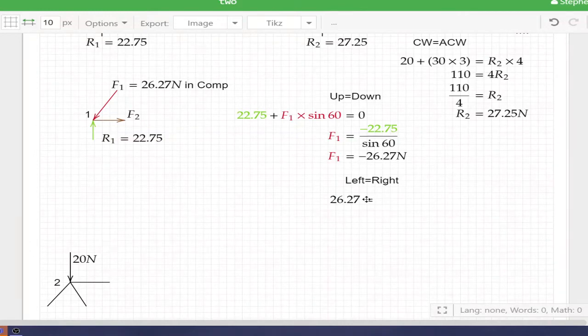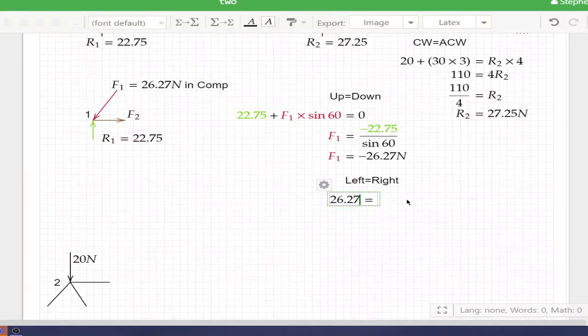So 26.27 going left, but we need to know the horizontal component of that. So what we need is cosine. Multiply that by cosine 60, and that will give us the horizontal component of F1. And that must equal, on the other side, F2.